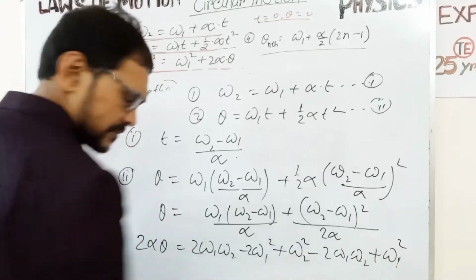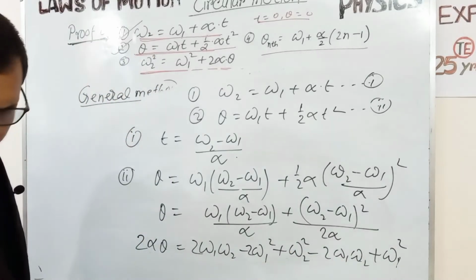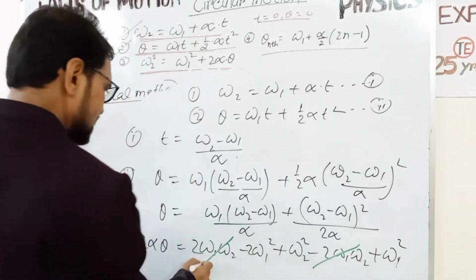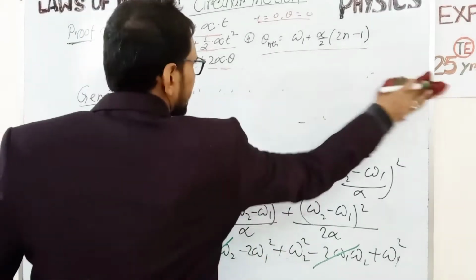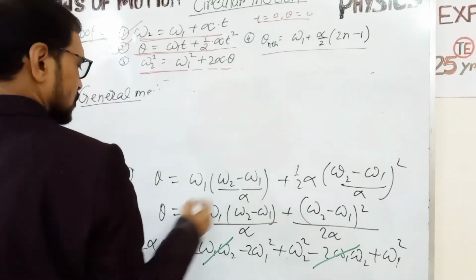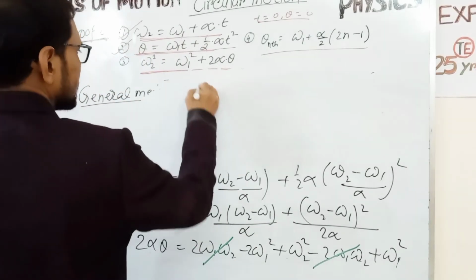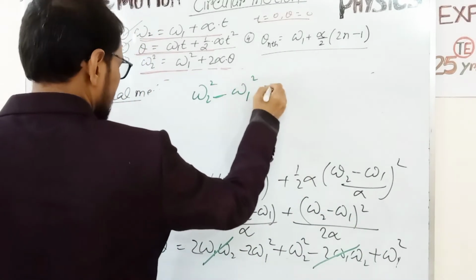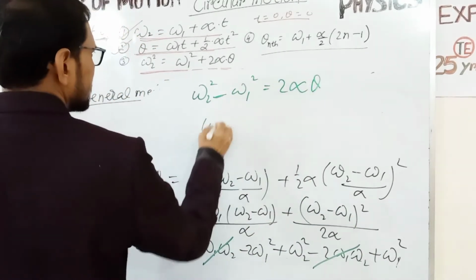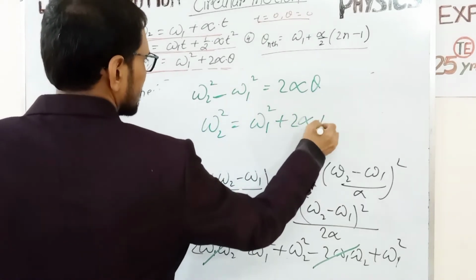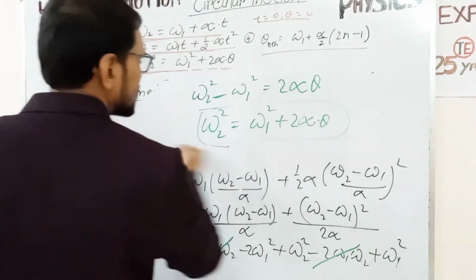Now cancel this and this, so we get omega 2 square minus omega 1 square equal to 2 alpha theta. So this is the third equation.